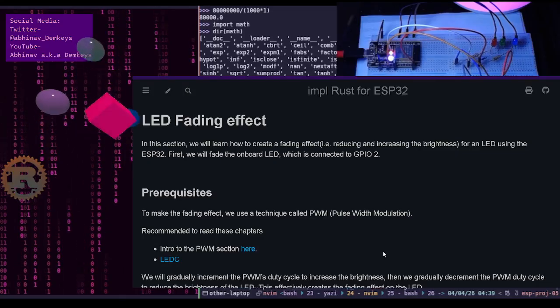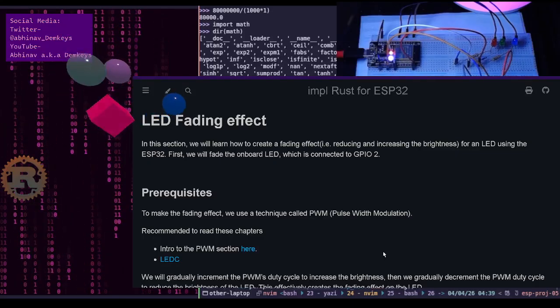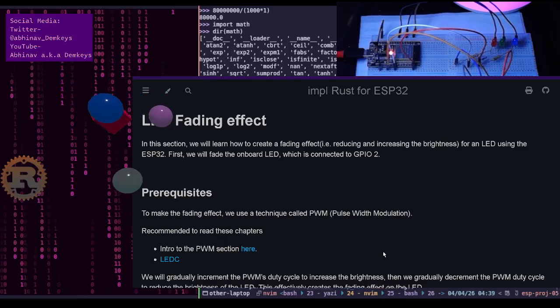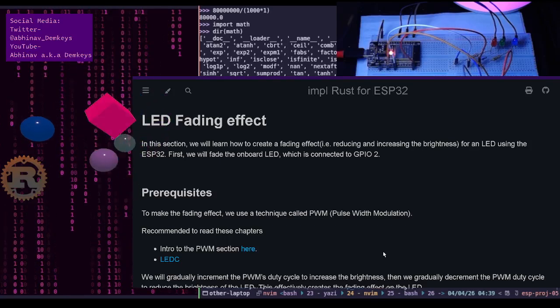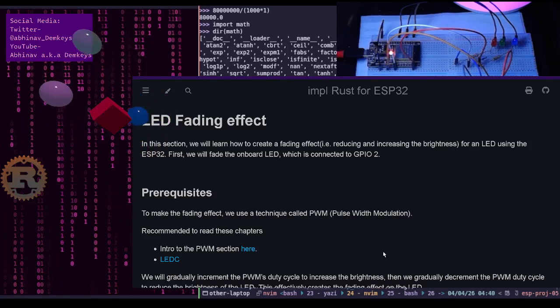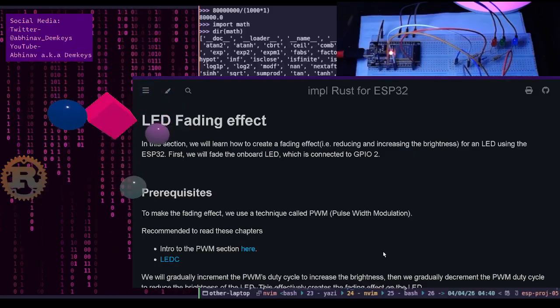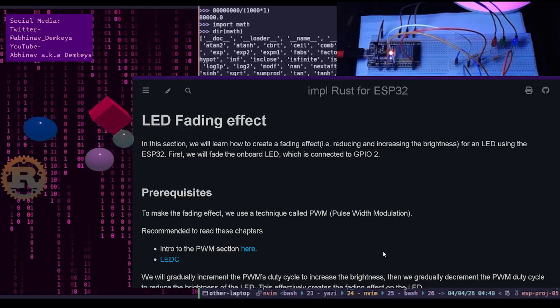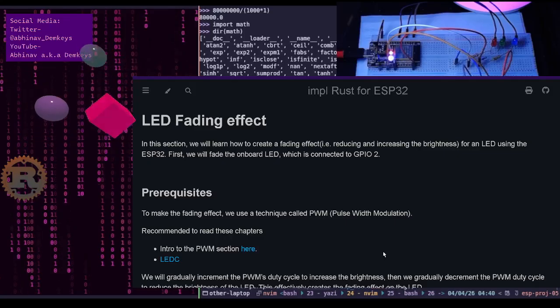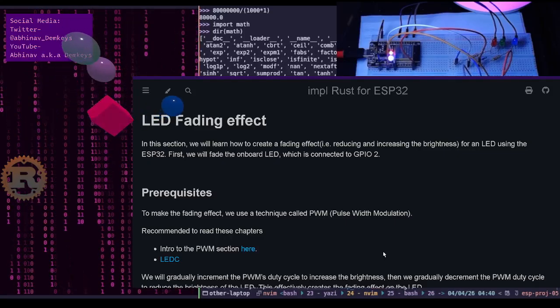So does that mean every single GPIO pin can be used for PWM? No, there has to be some bit of detail that I'm missing there.